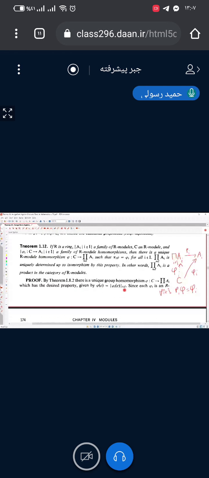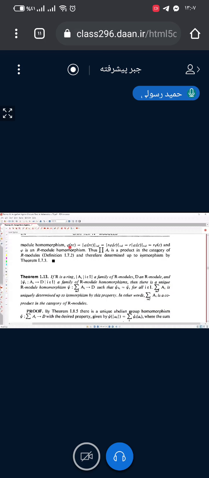Since each phi I is an R module homomorphism, phi of rc equals the sequence phi I of rc, and this is equal to r phi I of c. R comes out on the left, and by definition this is equal to r times phi of c.